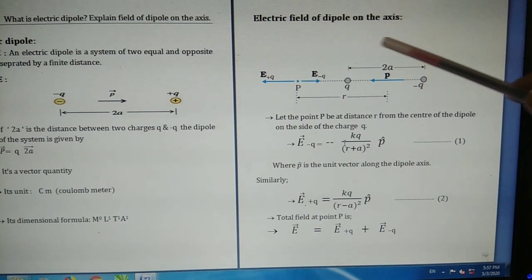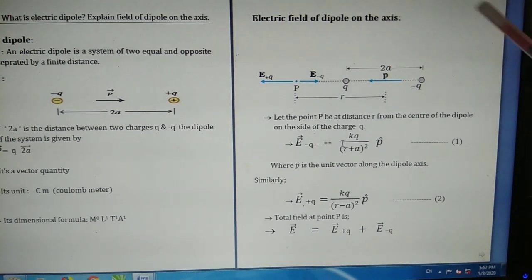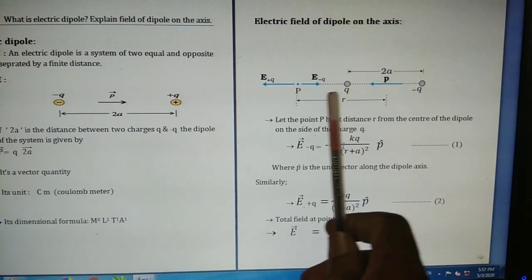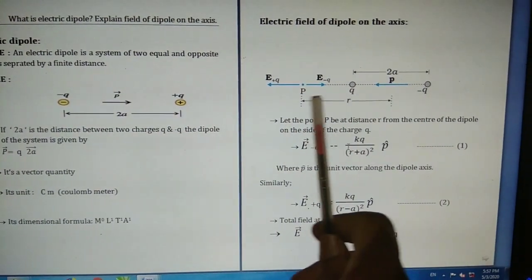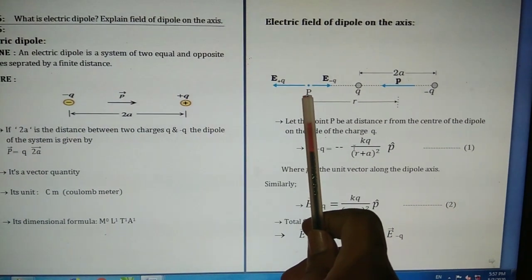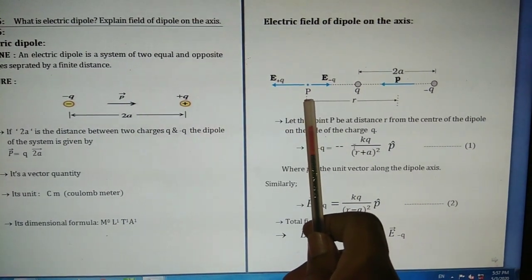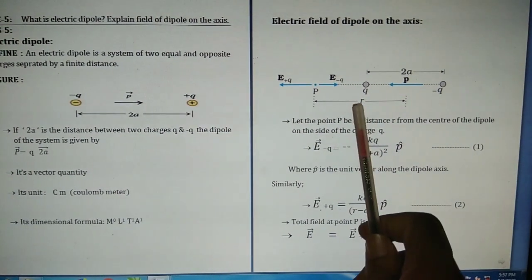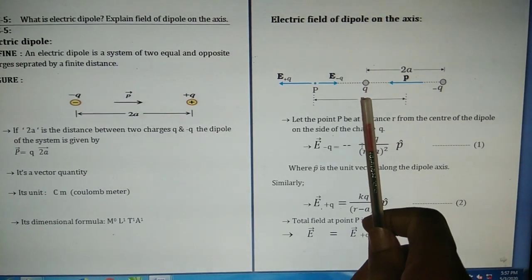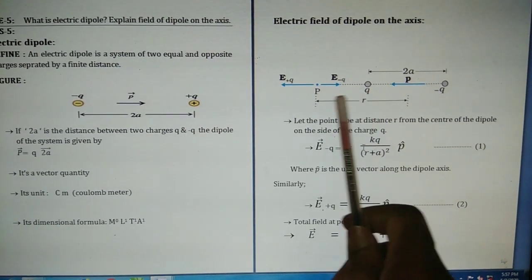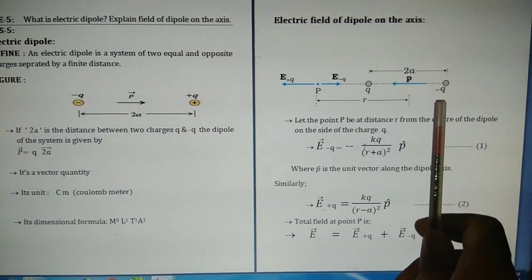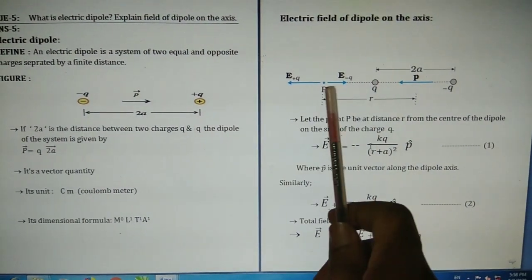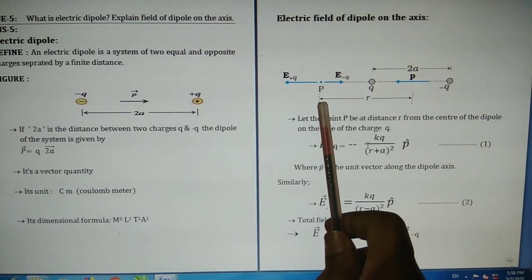So this is your dipole, and on the same axis a point P is situated. At this point we have to find the electric field due to this dipole, meaning the electric field due to charge q and due to charge minus q at point P.